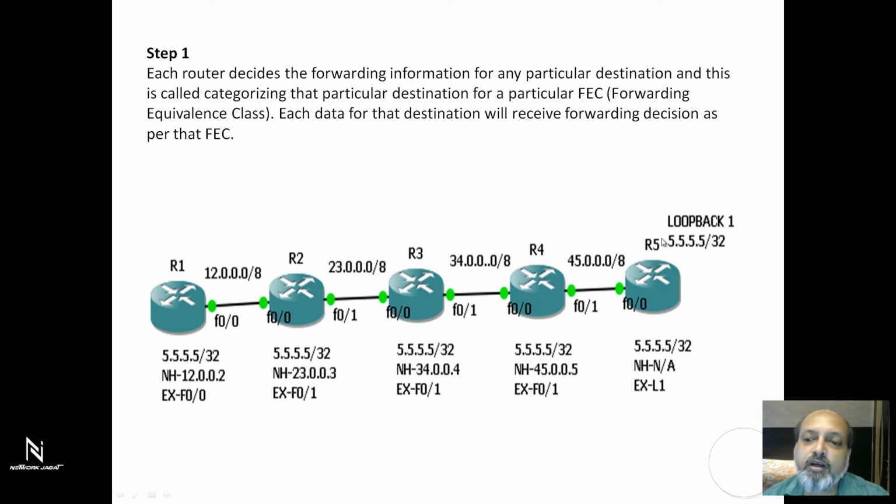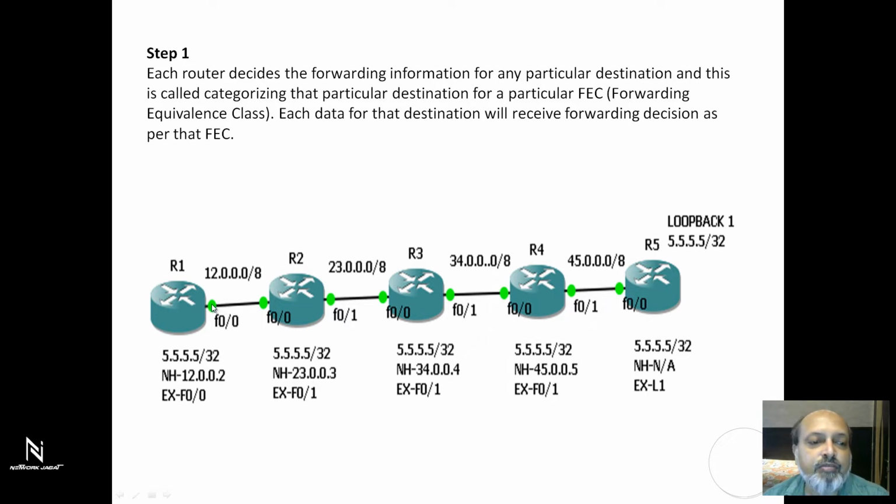In router 5, I have configured a loopback interface or network, that is 5.5.5.5/32. Now, what is the purpose of this diagram? It will lead us to the first definition of MPLS, the MPLS domain.